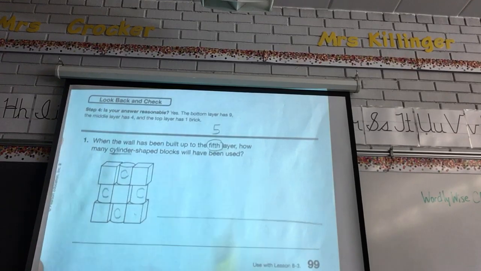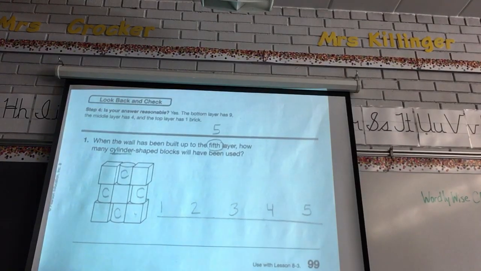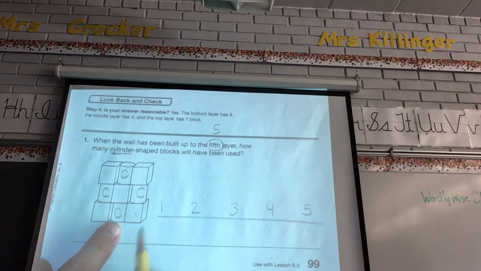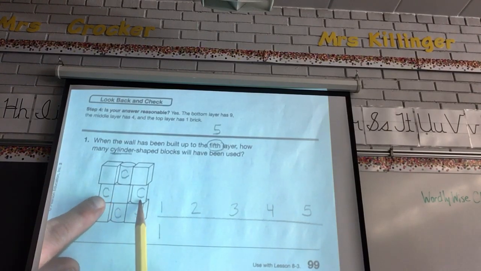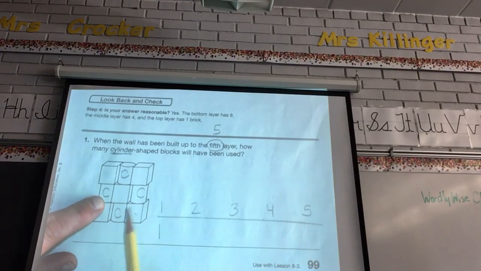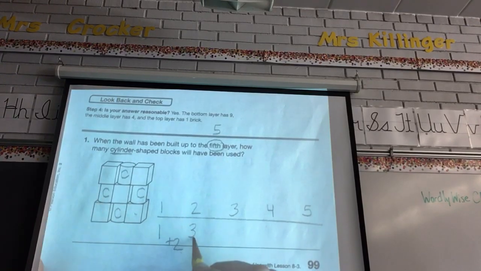You're going to have 5 layers. So 1, 2, 3, 4, 5. In your first layer, how many cylinders did you use? 1. In your second layer, how many cylinders have you used? Well, you used 2, but you added to the one that was in the bottom, so we have 3. So what we did was we added 2. There's our pattern.